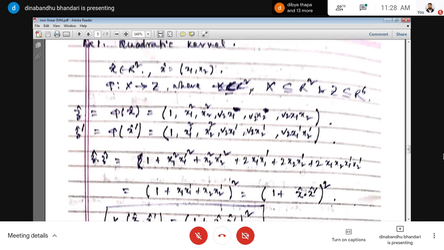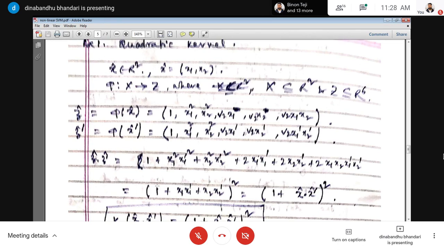You compute the dot product of x and x dash in the input space, and you perform a square. To perform a square, a little bit of extra computation you are doing, but you are getting the advantage of 6-dimensional space, right?